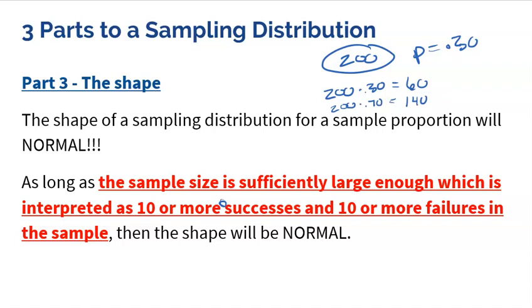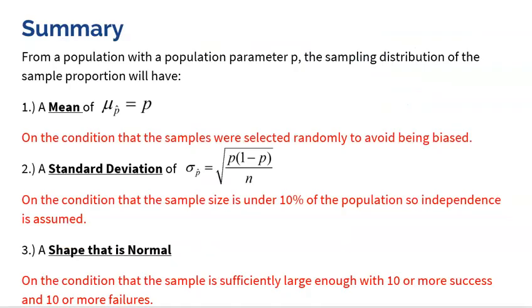So as long as any one sample is expected to have 10 or more successes and 10 or more failures, remember, success is just defined as p, and failure is the opposite of p, you will be big enough to be normal.